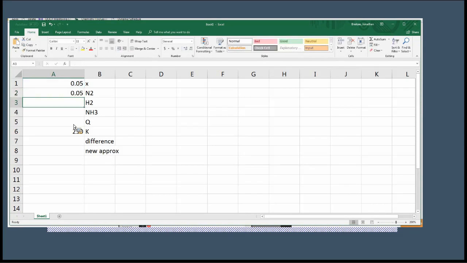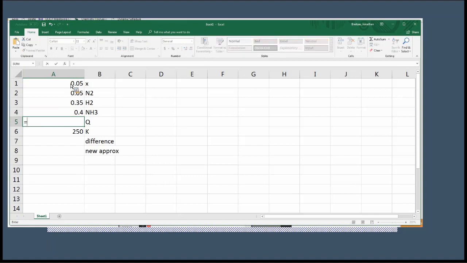For the hydrogen, it's equals 0.5 minus 3 times x. Click on A1. And then for the ammonia, equals 0.3 plus 2 times, and click on A1. So based on all these values, I get Q.